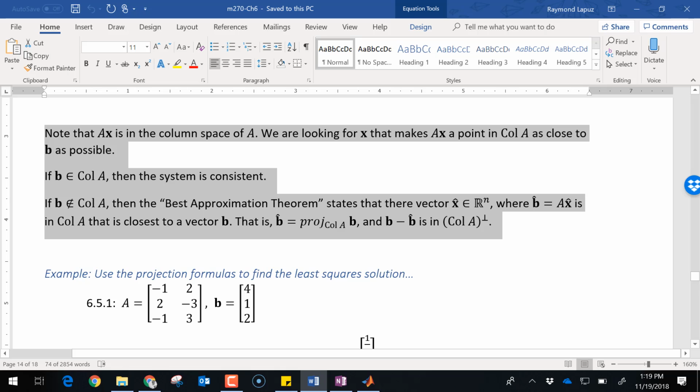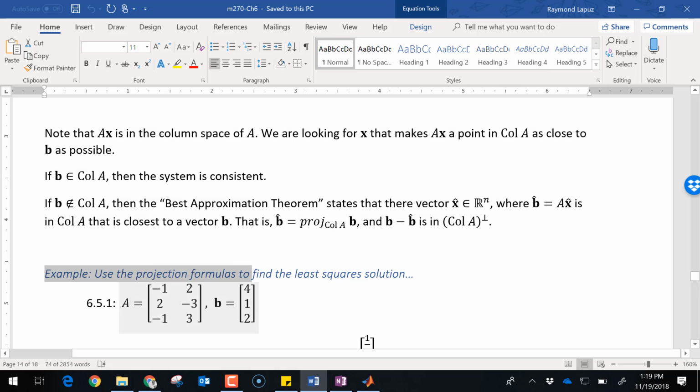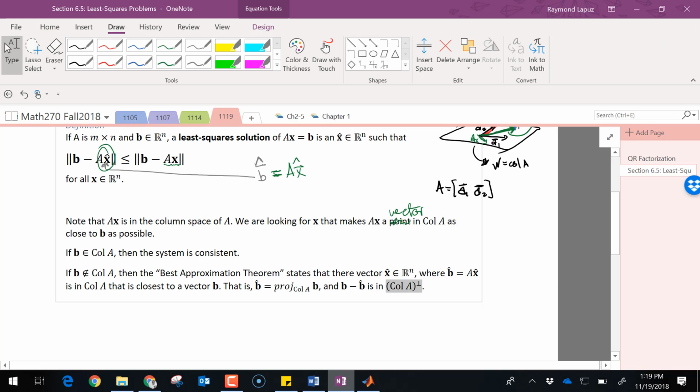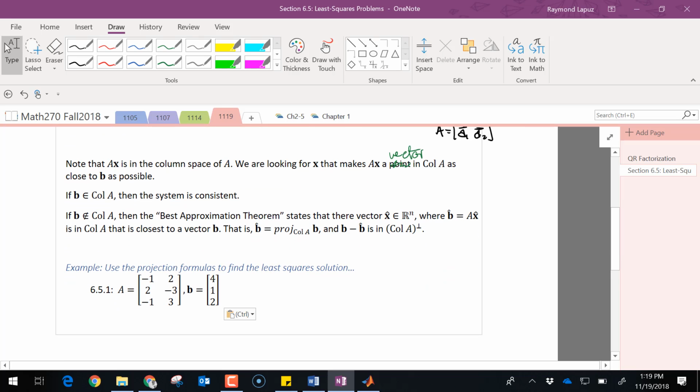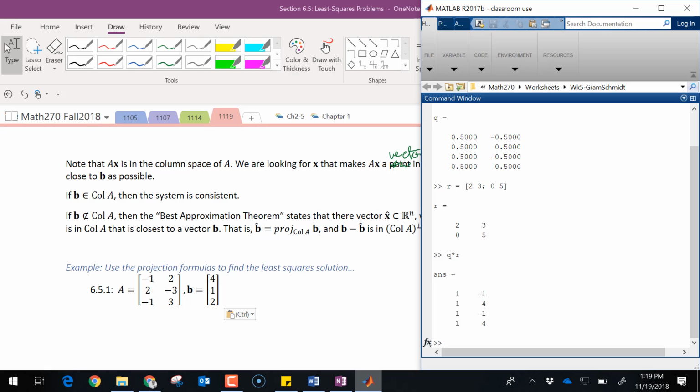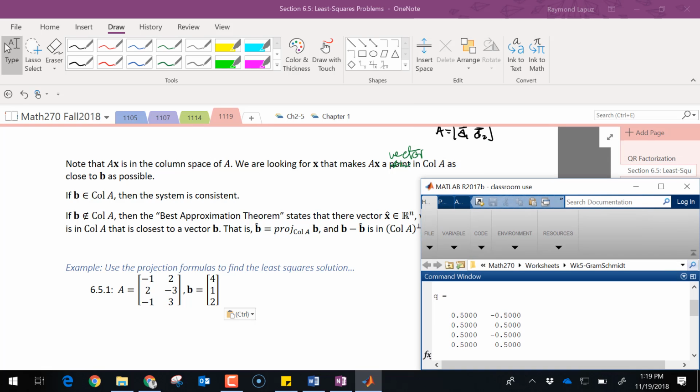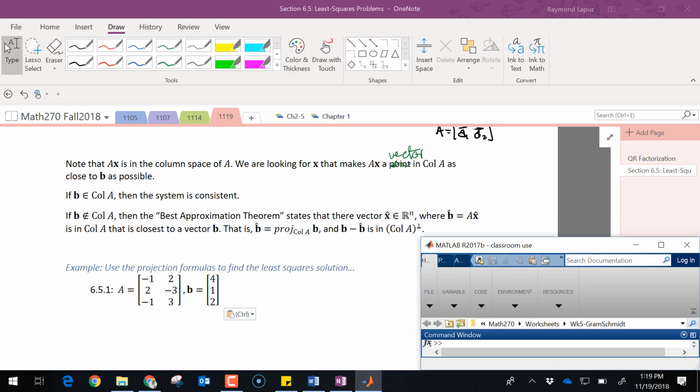Use the projection formulas to find the least squares. So let's do this example, see if we can get through it quickly. I'm just going to use MATLAB to expedite things, because it's really just a bunch of computations.